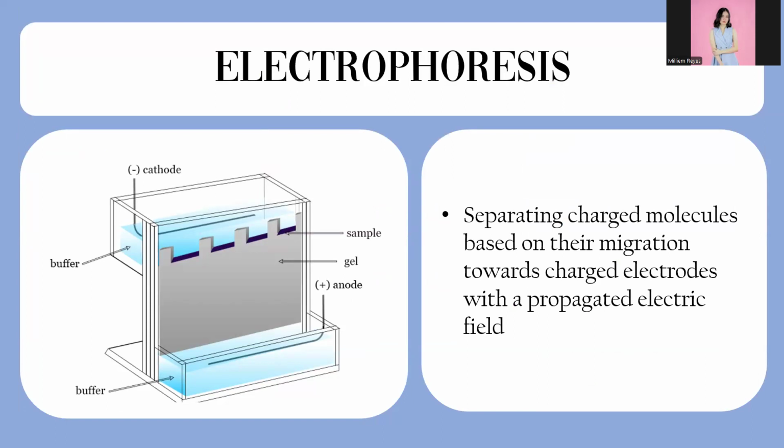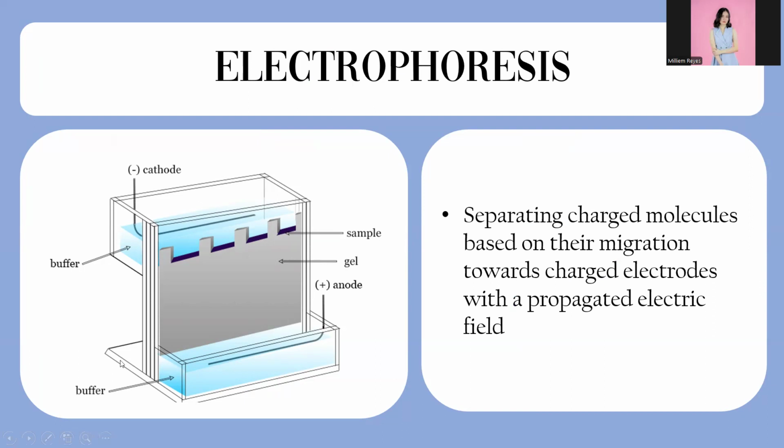We can determine the isoelectric point of an amino acid or basically any molecule by doing electrophoresis. Electrophoresis is separating charged molecules based on their migration towards charged electrodes with a propagated electric field.